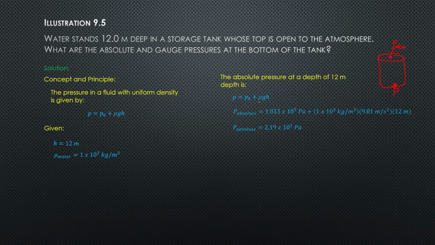Atmospheric pressure is constant, 1.013 times 10 to the 5 Pascal, 1 atmosphere, plus density of water 1000 kilograms per cubic meter multiplied by acceleration due to gravity 9.81 multiplied by 12 meters.